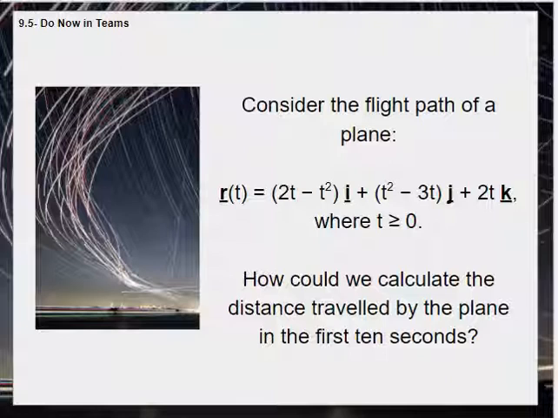So I want you to consider how do you think you could measure the distance travelled on a plane using a trajectory like the one shown? Maybe even, if you've got an idea, pause the video and have a go at it.